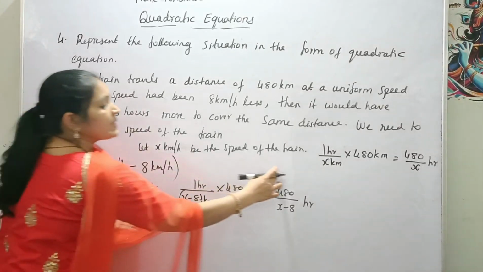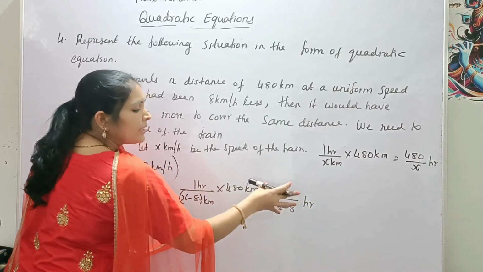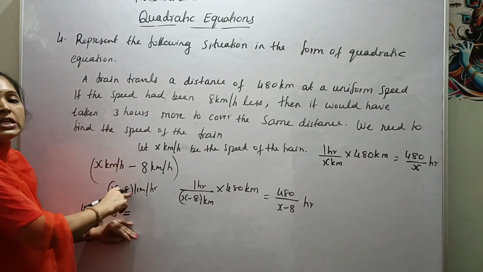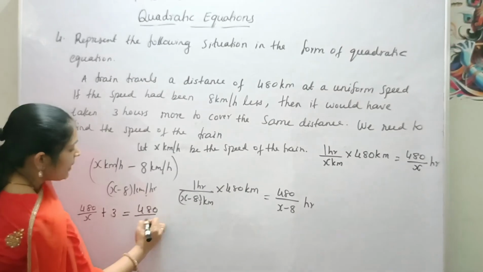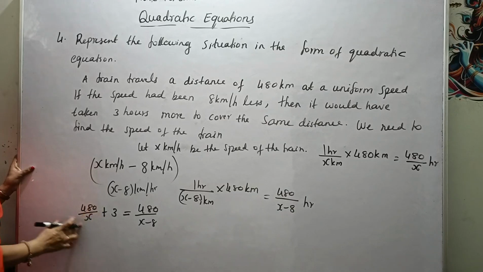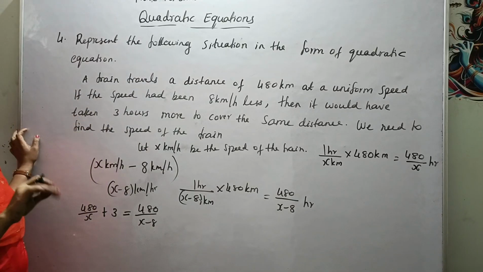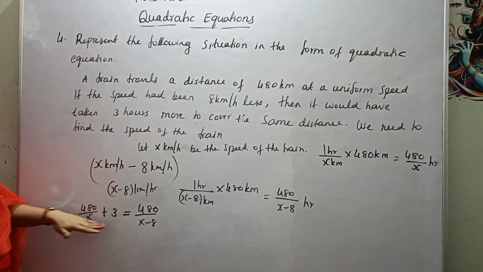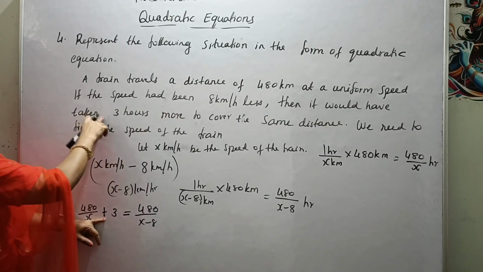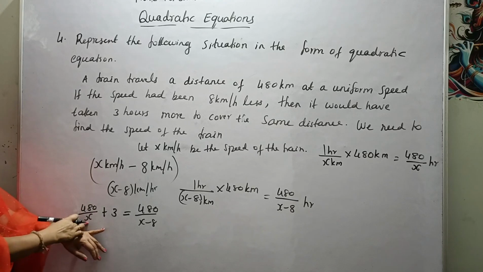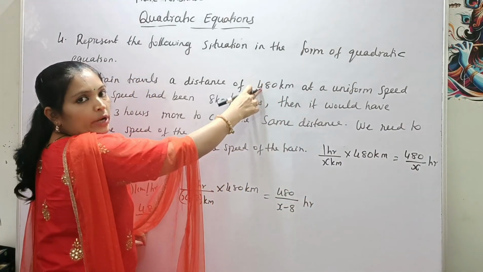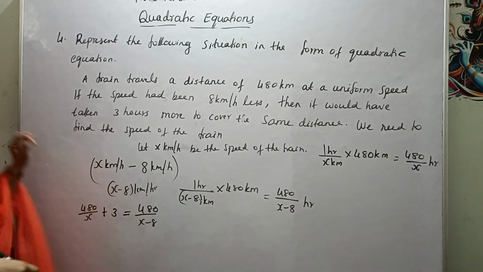That is equal to the time taken to travel 480 kilometer at the speed of x minus 8 kilometer per hour, that is 480 divided by x minus 8. Okay, so it is equal.